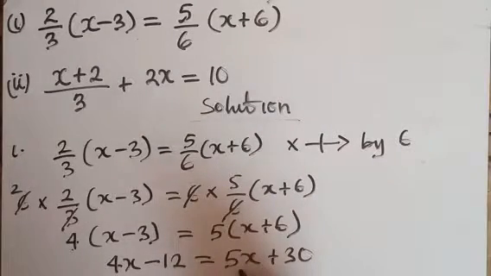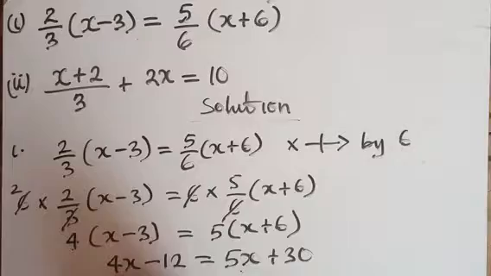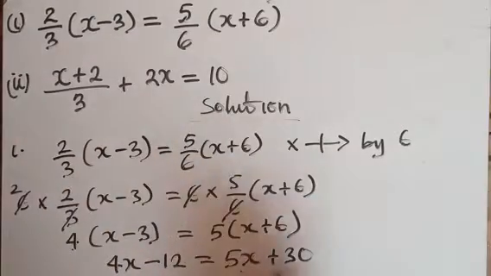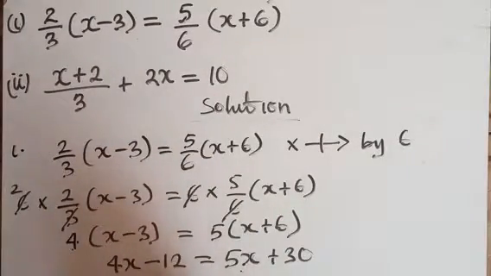The x aspect here is higher. So when you are grouping like terms, it is advisable to group at the point where the x is bigger. So I'll rather bring 4x here and bring 30 here.